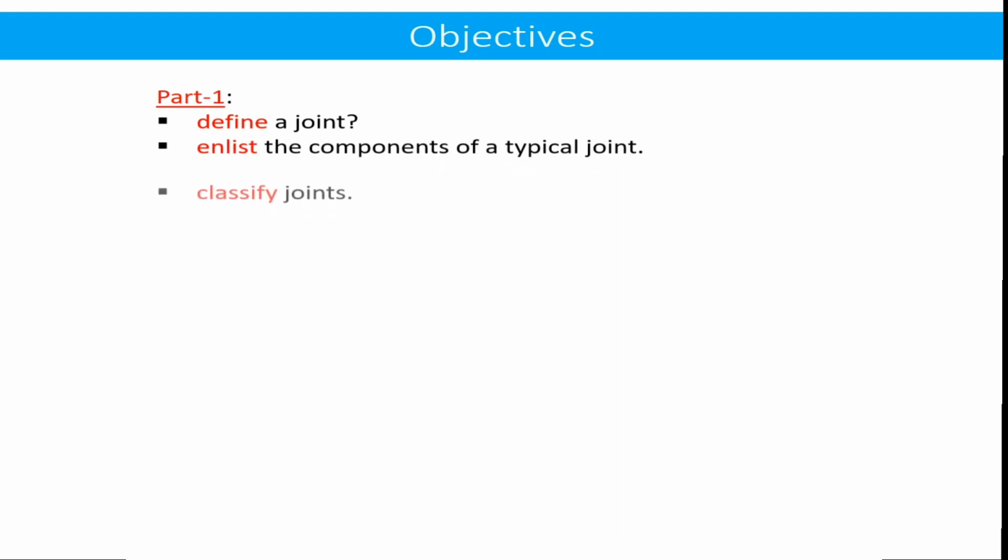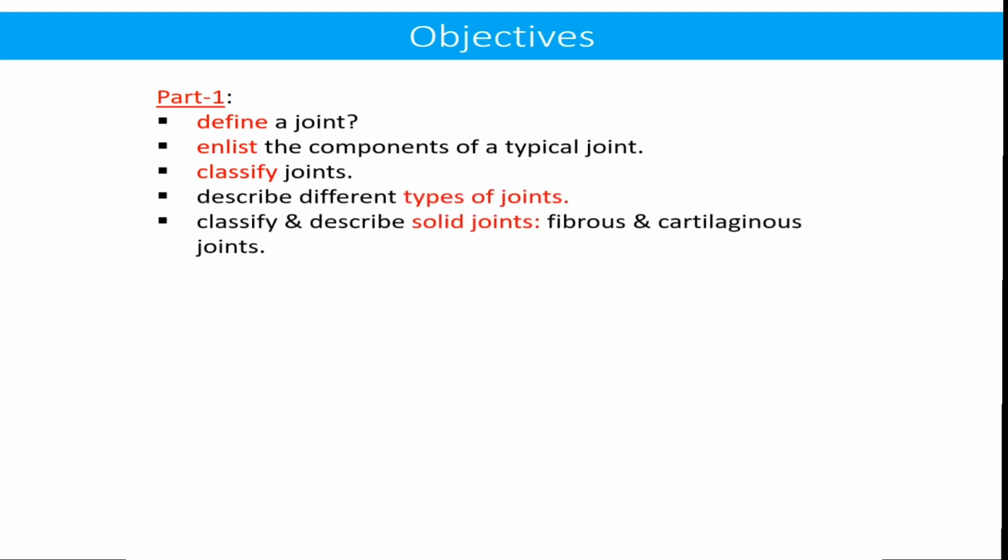At the end of the session for part 1, the participant should be able to define a joint and list the components of a typical joint, classify joints, describe different types of joints, classify and describe solid joints, that is fibrous and cartilaginous joints, and correlate some of the clinical applications.